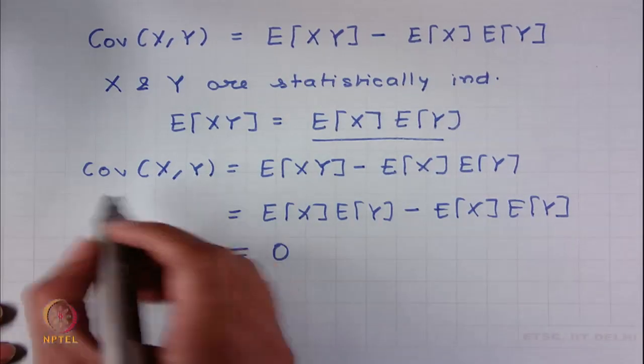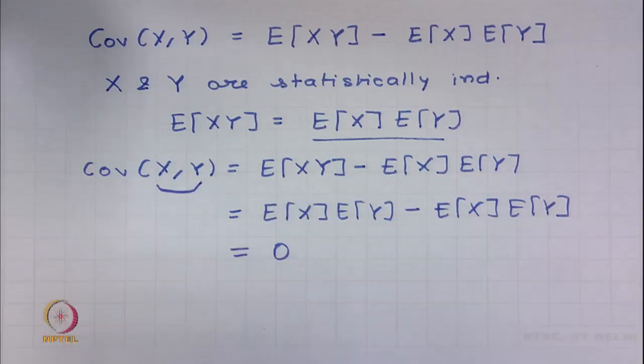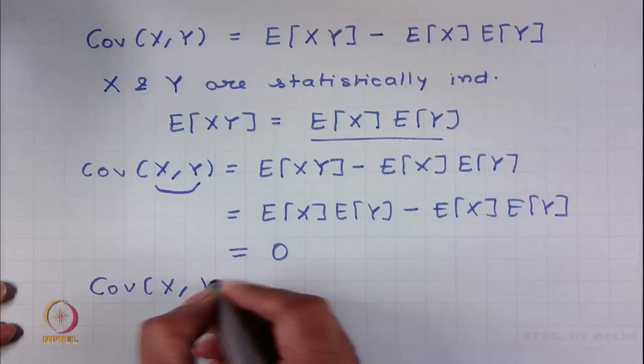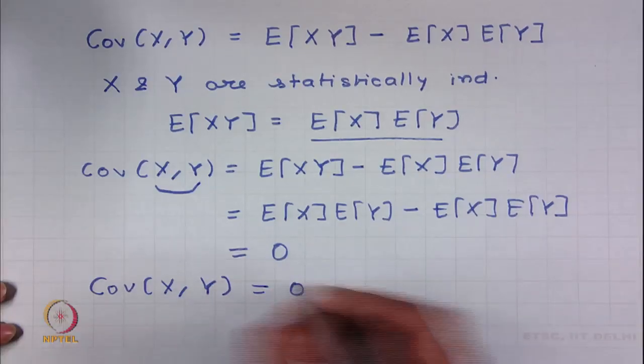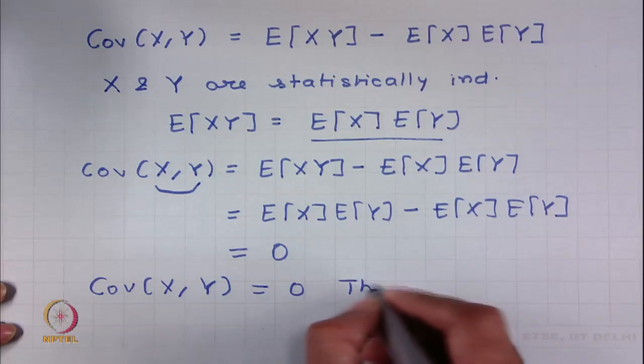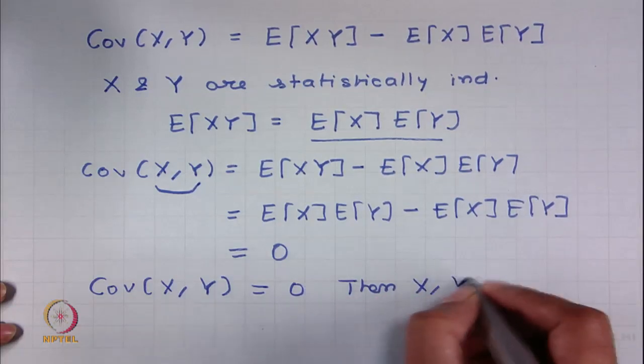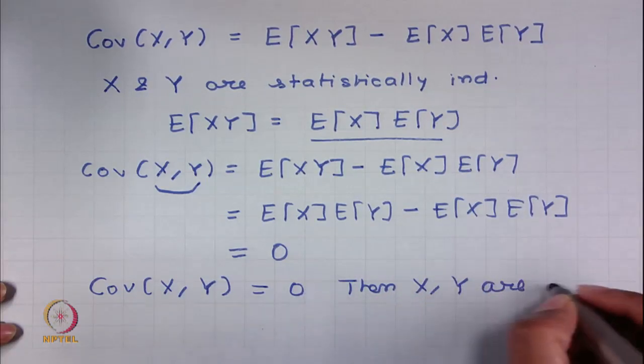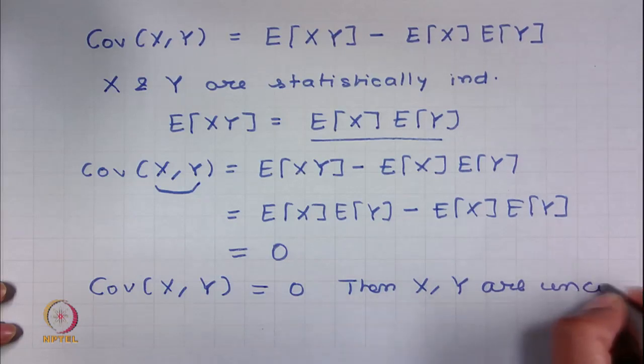That means if the two random variables are statistically independent, their covariance is 0, and if the covariance of two random variables is 0, then we call them uncorrelated random variables.